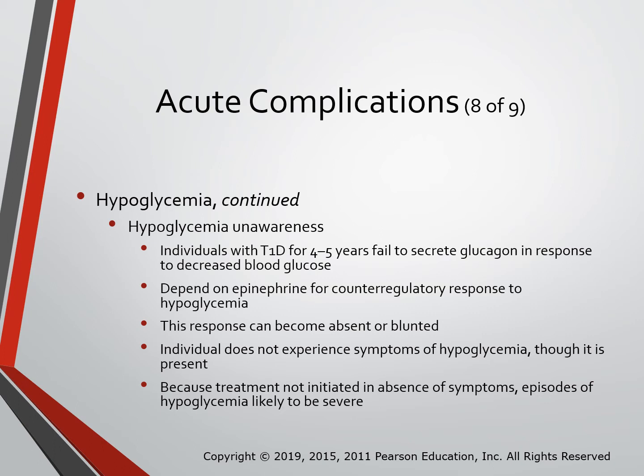The individual experiencing this does not experience symptoms of hypoglycemia, even though it is present. So they still are hypoglycemic, they're just not feeling the symptoms yet. Because treatment is not initiated because of the absence of symptoms, the individual is more likely to have episodes of severe hypoglycemia. When mild hypoglycemia occurs, immediate treatment is necessary.